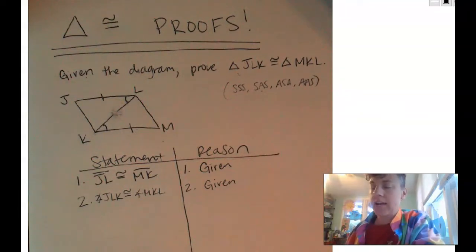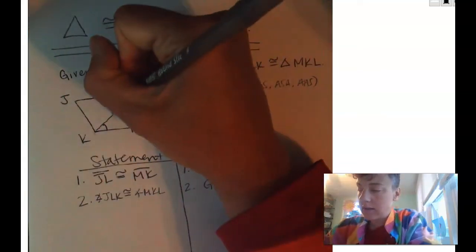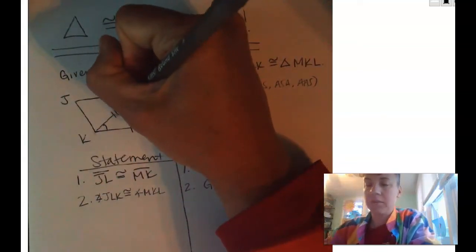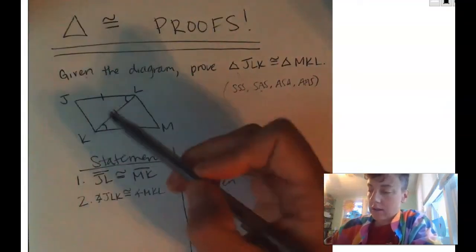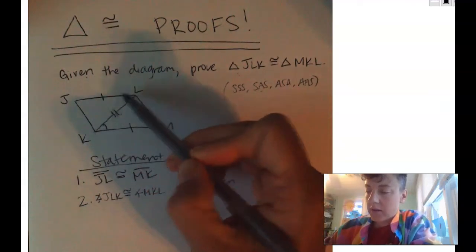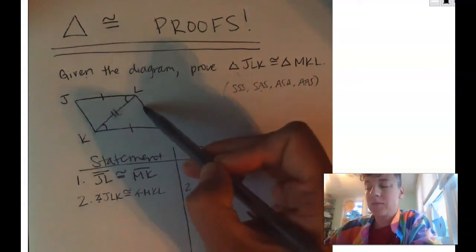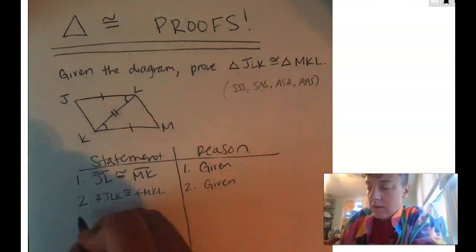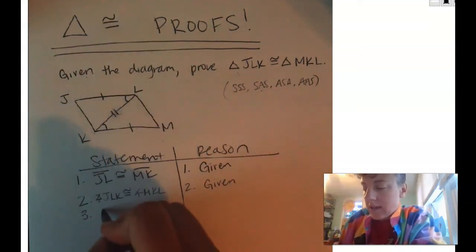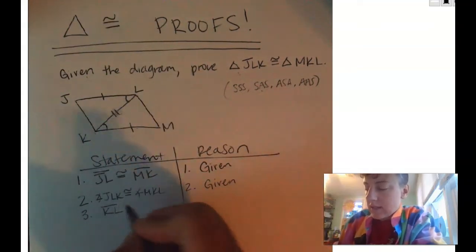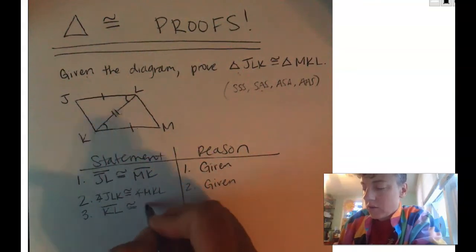And then as we talked when we were thinking through why these triangles would be congruent, we said this shared side was going to be congruent. Because side KL is part of this top triangle, and side KL is part of this bottom triangle. So what we're saying is that segment KL is congruent to itself.